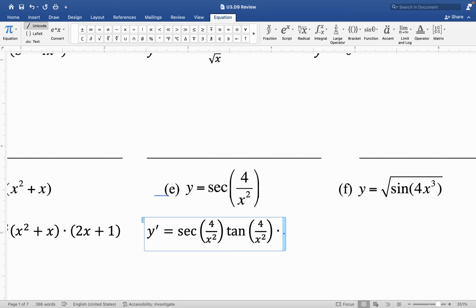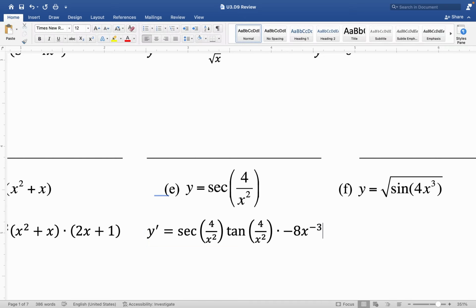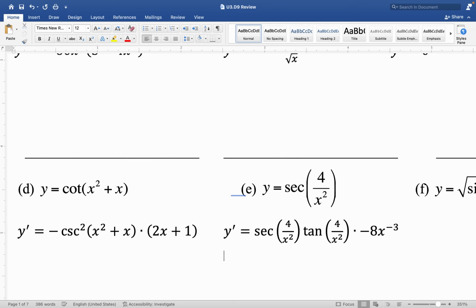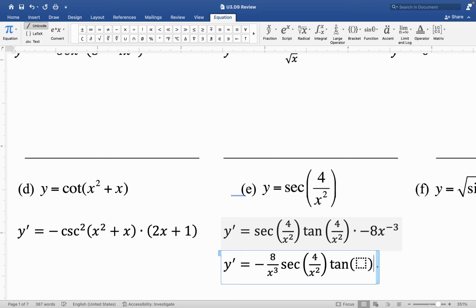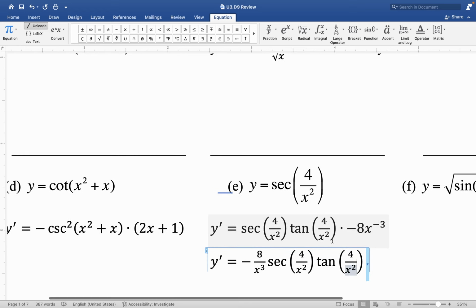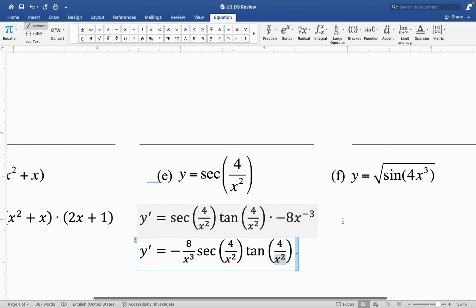You take the derivative of that, it's going to give you negative 8x to the negative 3. So yeah, that's basically it. We just need to do some cleanup. So what is this going to be? I think it's negative 8 over x to the third secant 4 over x squared tangent of 4 over x squared. I don't really think there's anything we can simplify about this besides that.